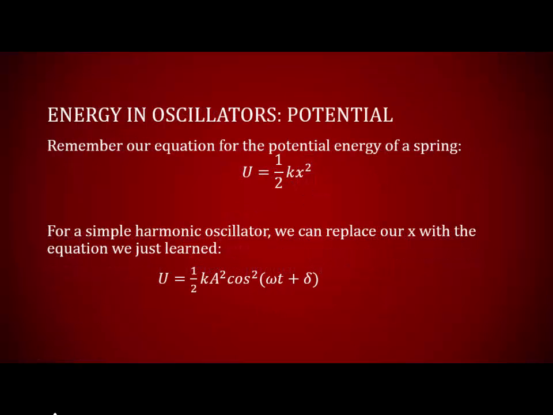So energy in oscillators is our next little thing here. Remember, our equation for the potential energy of a spring is U equals 1/2 kx squared. We learned that a couple of chapters ago. But for x, now we have an expression that describes what's going on x-wise, and this is it.